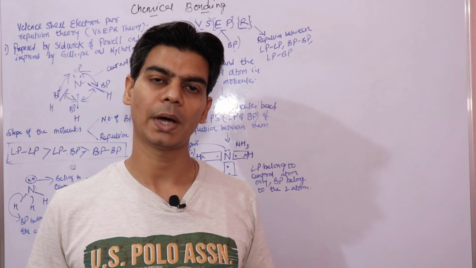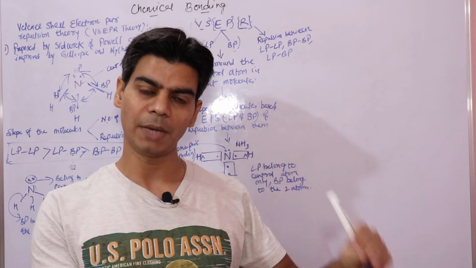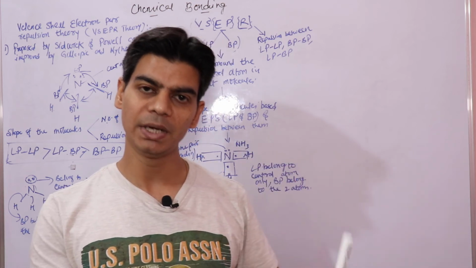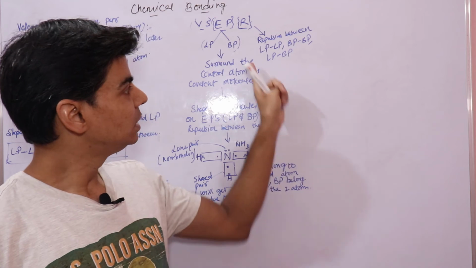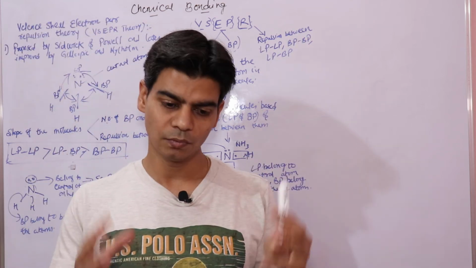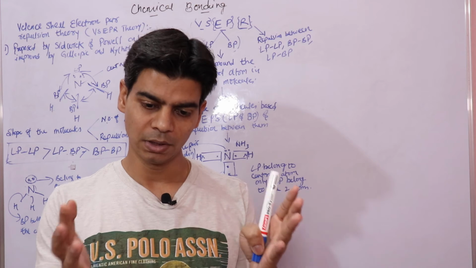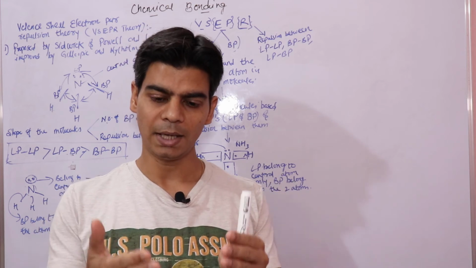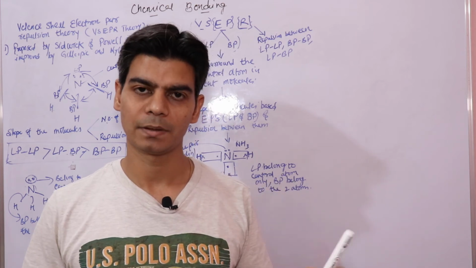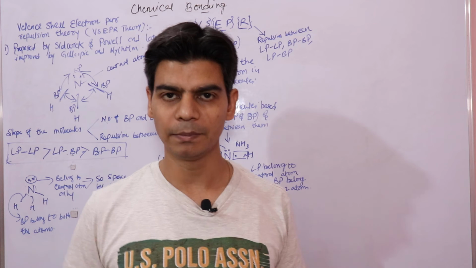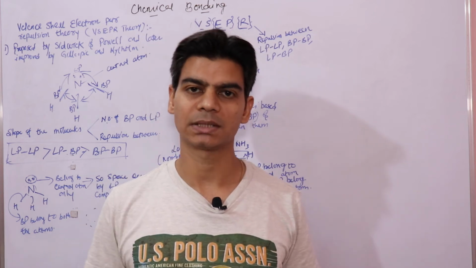So in order to acquire maximum stability, or minimum energy, these lone pair and bond pairs will try to be as far apart as possible from one another, so that the force of repulsion is minimum and stability is maximum, right?